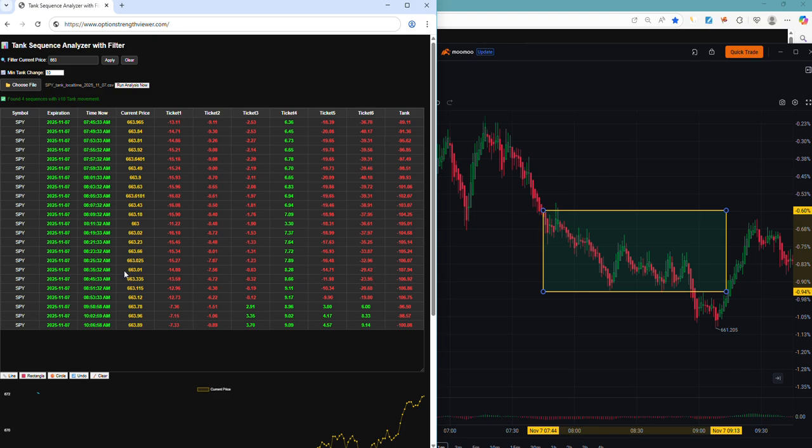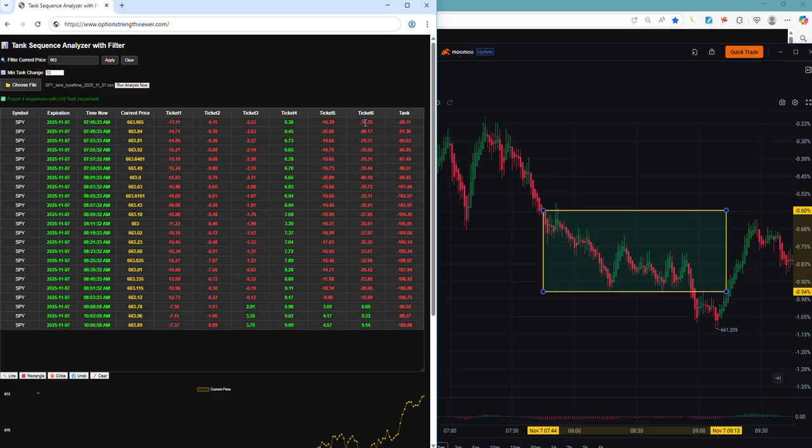But here we have 8:35 to 8:45. It's still climbing down. You see ticket 6, it's losing strength in puts. And 8:51, same thing, it's losing strength in puts, and it's minus 19. All right, we'll move on to the next one.